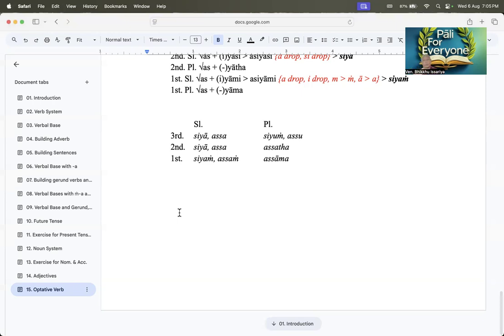That optative verb is commonly used with a conjunction, so yeah, conjunction also.